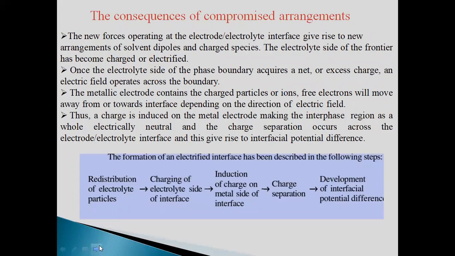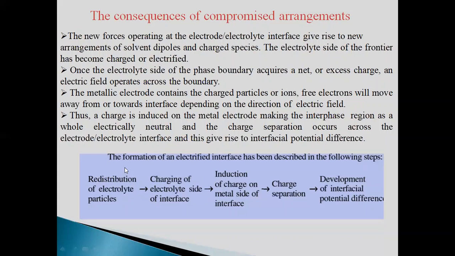As a consequence of this, the ions or the free electrons present in the metal electrode move away from or towards the interface depending on the direction of the electric field. Thus, charge separation across the electrode-electrolyte interface gives rise to an interfacial potential difference.